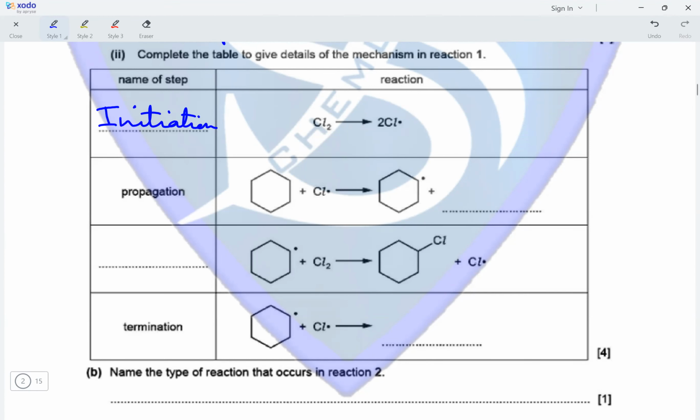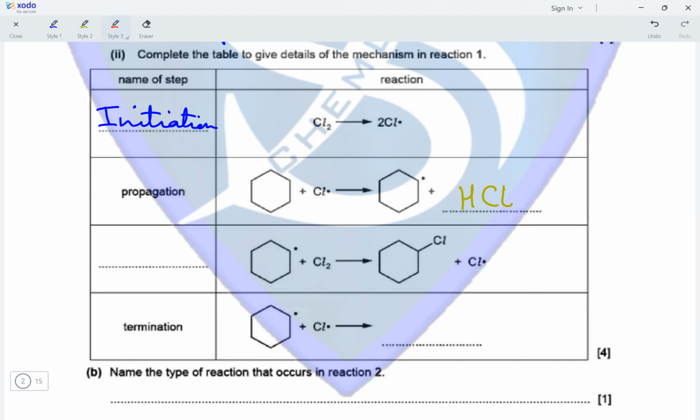Next is the propagation step in which the cyclohexane reacts with a chlorine free radical forming a cyclohexane radical, and the chlorine free radical that was reacting with cyclohexane takes away one of the hydrogen atoms and forms the molecule HCl.